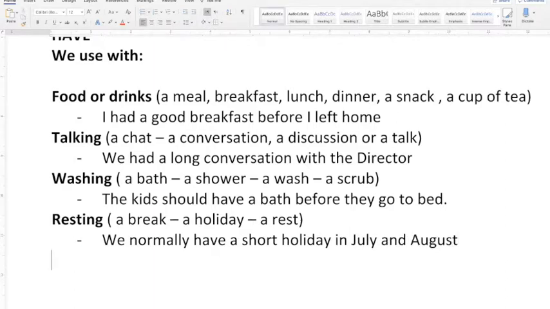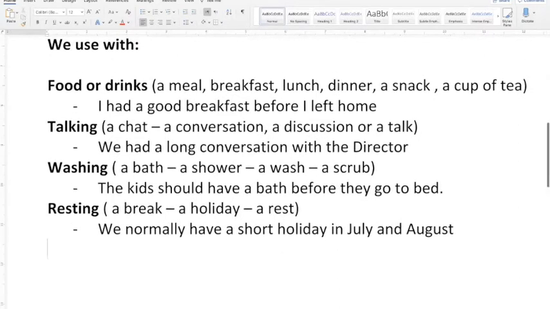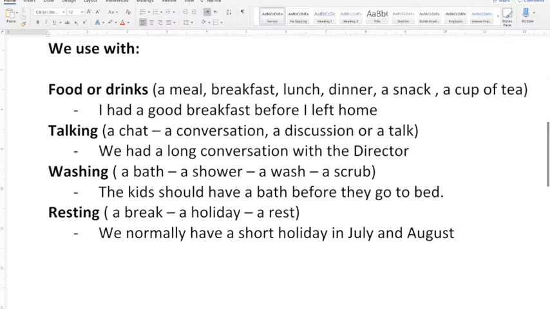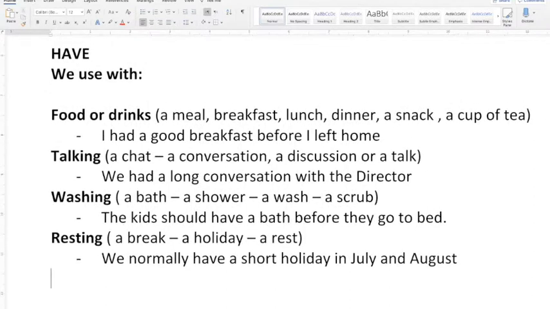That's it. So if you're talking about a rest or a break, you can use the lexical verb have.